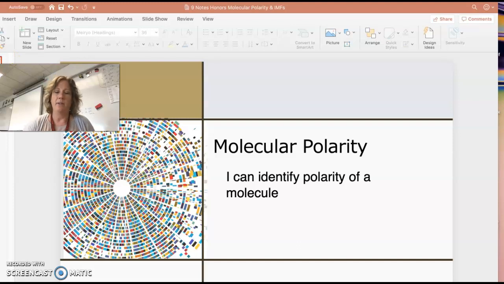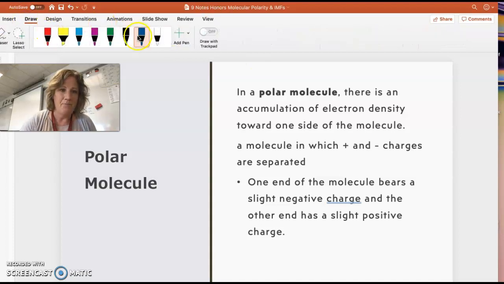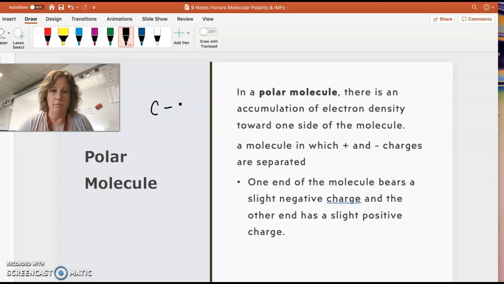Hi, these are notes about molecular polarity. So if you remember, we talked about bond dipoles. It's possible that you can have two things that are bonded, and you can have one of those elements in that bond pulling those electrons harder than the other.